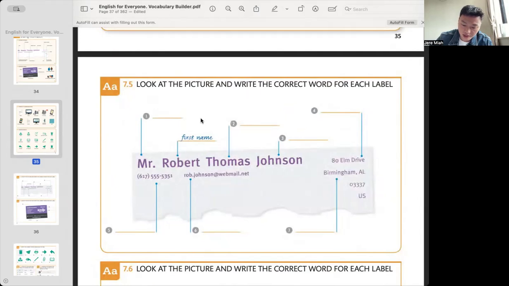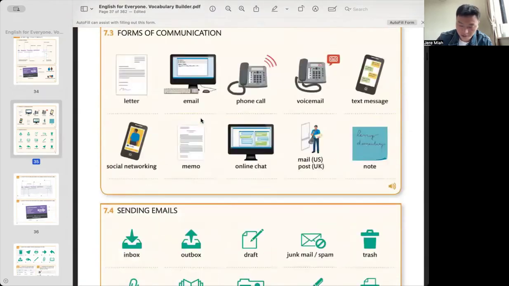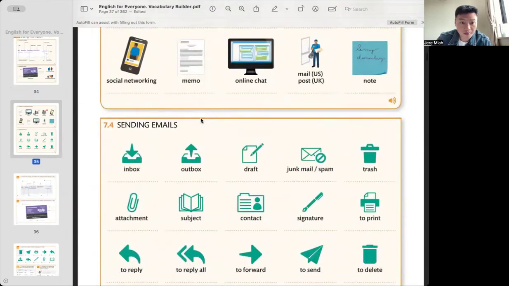What's next? They just ask what's the meaning of Mister. Mr. is a title used before a man's last name. It's a formal way to address someone. Title. How do you spell title? Title is spelled T-I-T-L-E.